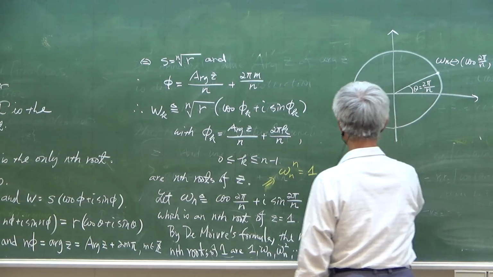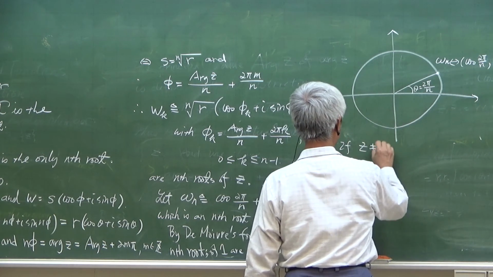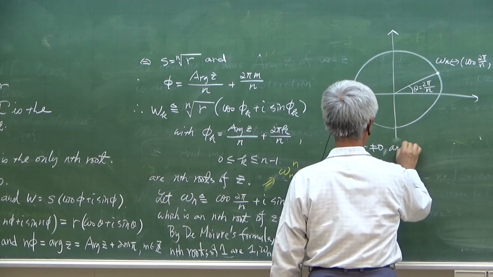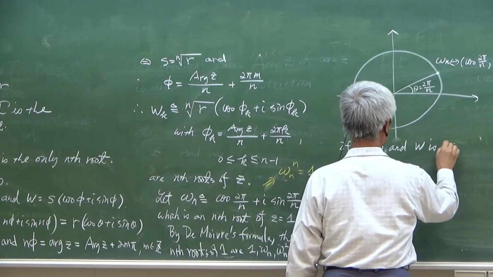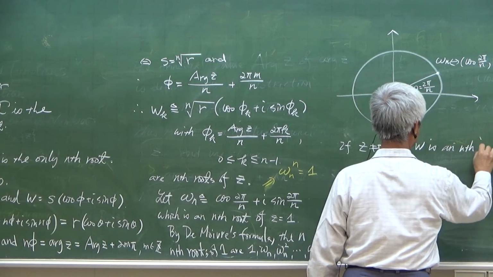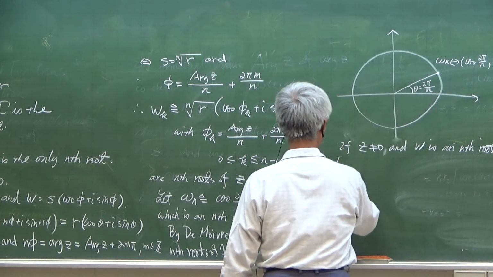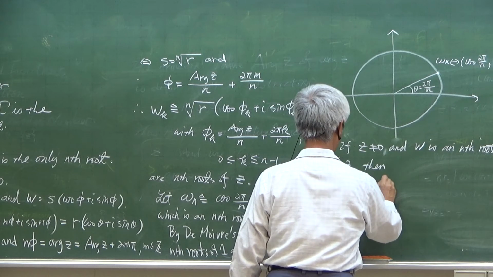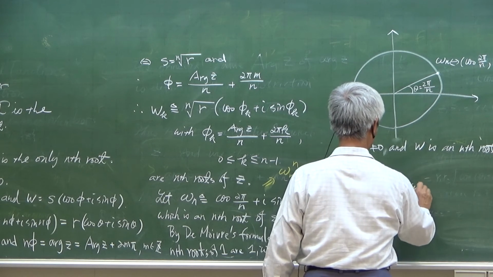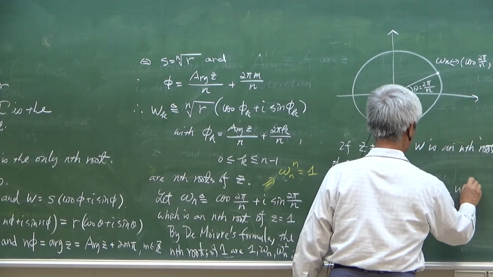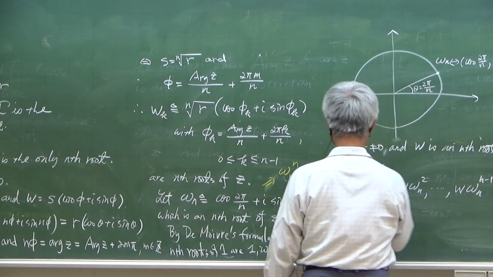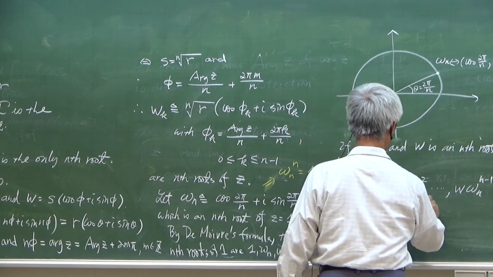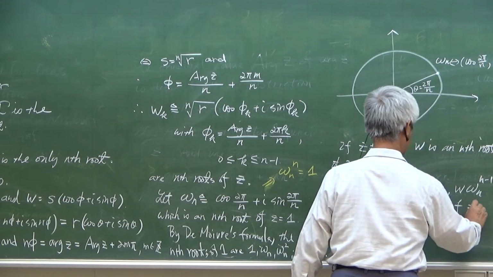So if z is not equal to 0, and w is an nth root of z, then w, w omega n, w omega n squared, up to w omega n to the n minus 1 are the nth roots of z.